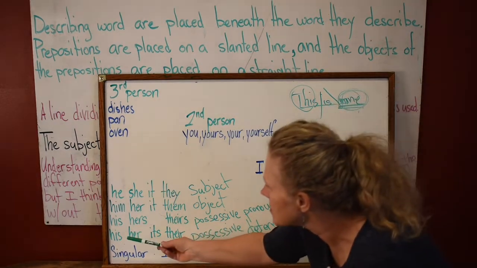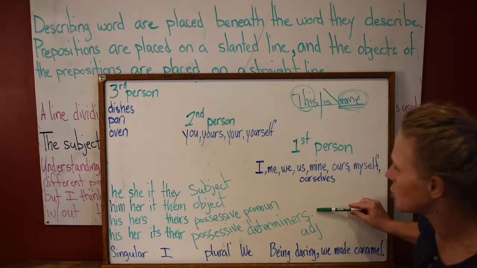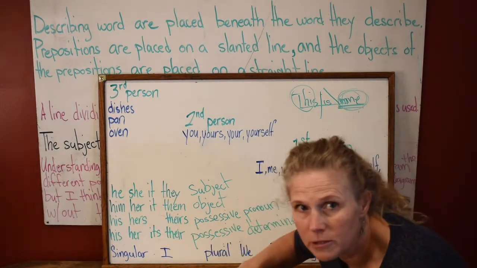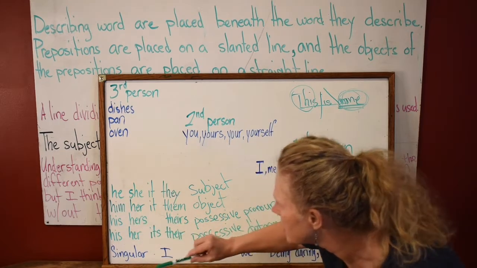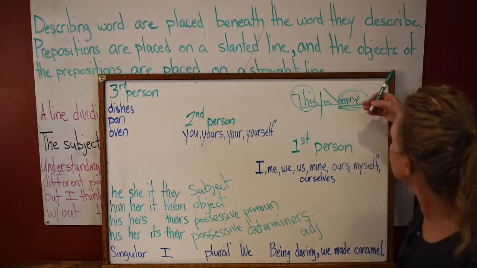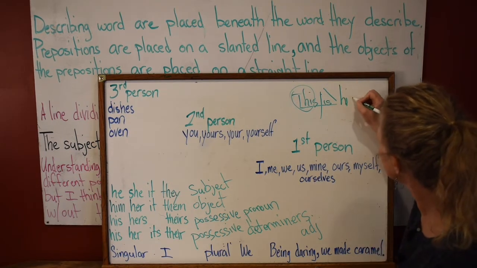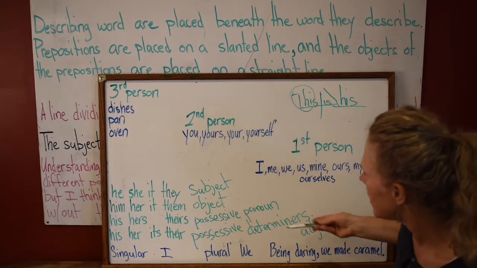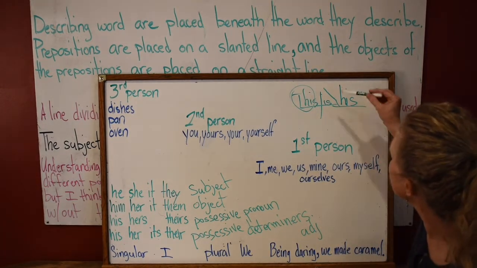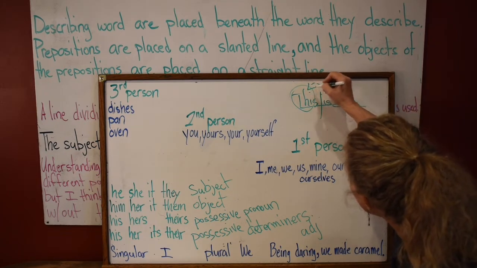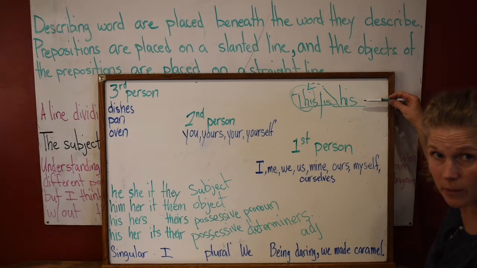Okay, so look at this. See, these possessive pronouns and possessive determiners, they're the same word. So depending on how you're going to use this, if you say this is his, what is it? It's the same. It's a possessive pronoun. See how it's used as a predicate nominative?